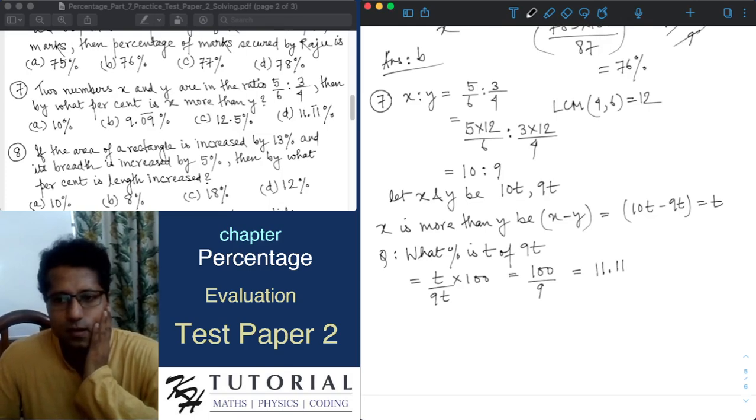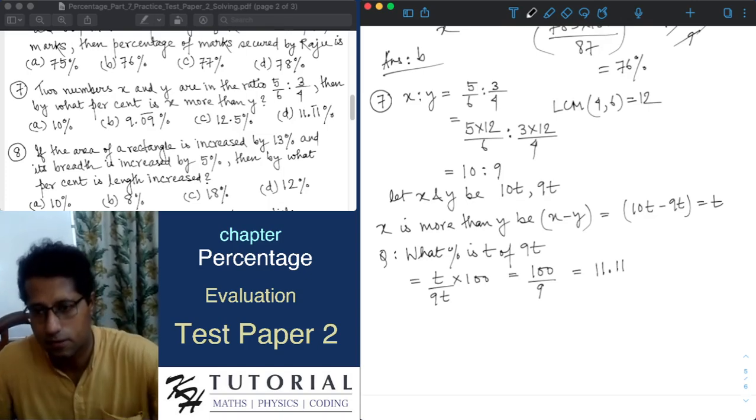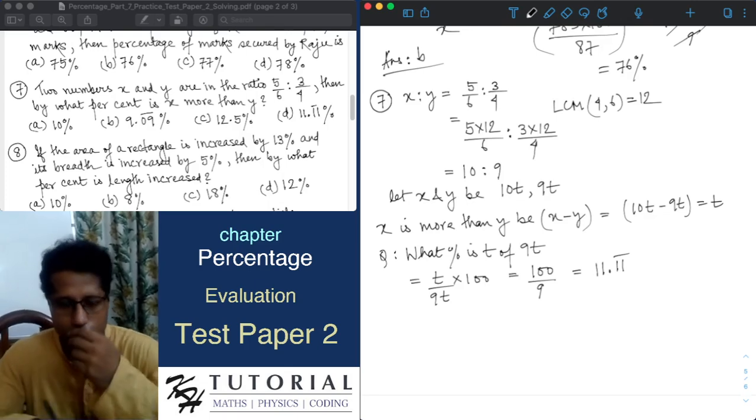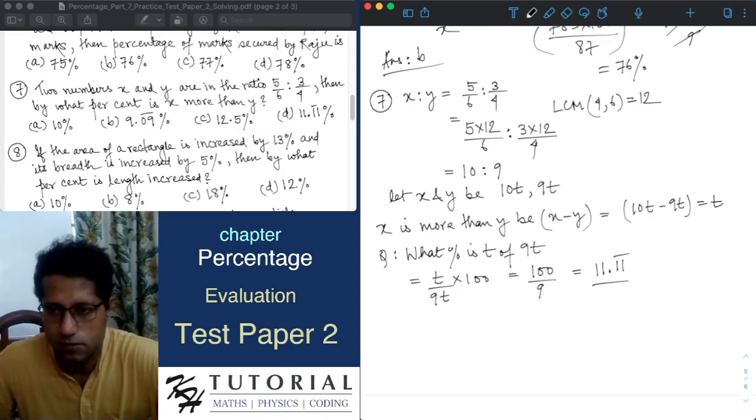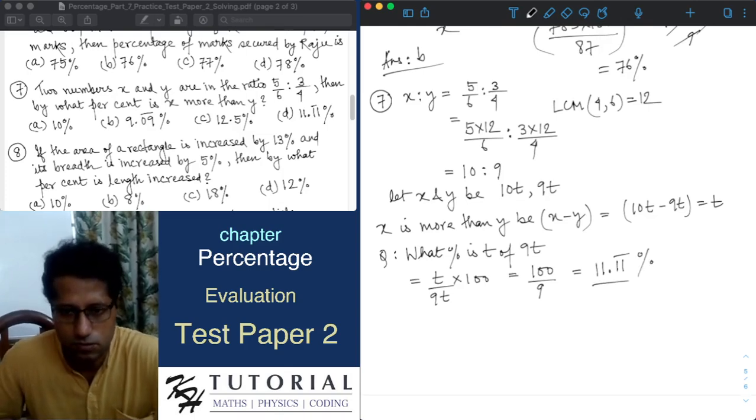So we know that when there is a decimal with a recurring non-terminating decimal, then we represent the decimal part with a bar. We put the bar on the repeating digits. So this is the value. This is the percentage. So the answer is choice D.